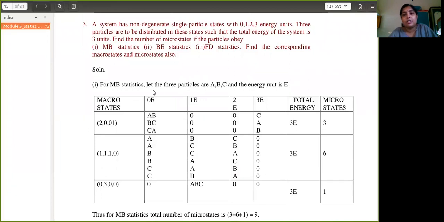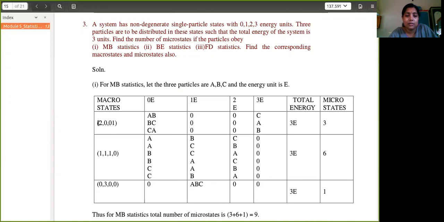So for MB statistics, let the 3 particles be A, B, and C, and the energy unit be E. What can be the possible macrostates? A possible macrostate will be 2 particles in the 0 level and 1 particle in the 3E level.